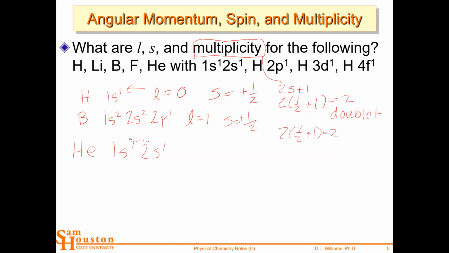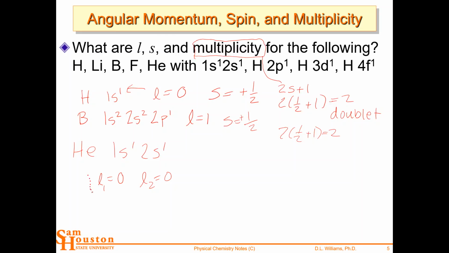Now because we have 2 unpaired electrons, 2 unfilled subshells, we've got to put 1s and 2s on our angular momentum quantum numbers. And so here we have L1 is equal to, for electron 1, 0 because it's an s orbital. L2 is equal to 0. So because both those electrons are in s orbitals, both of them have an angular momentum of 0. This is building up towards next lecture when we start looking at all of the combinations of electrons.